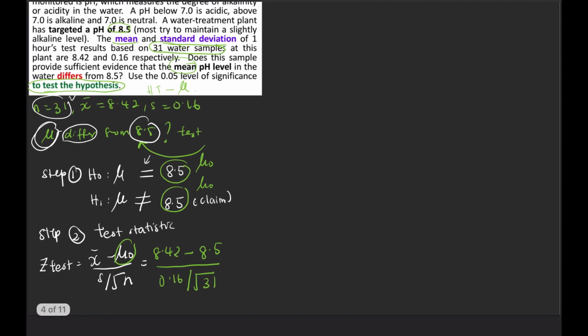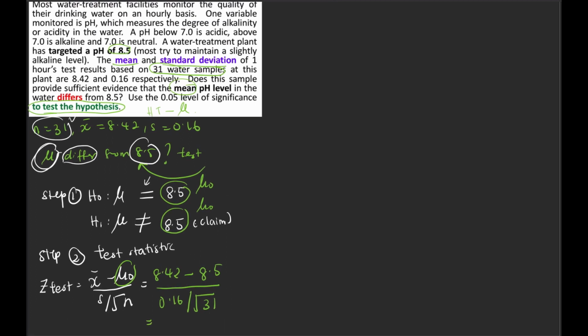Okay, now you calculate, put it into your calculator, you will get the z-test. The z-test value here is negative 2.7839. So done for step number 2.